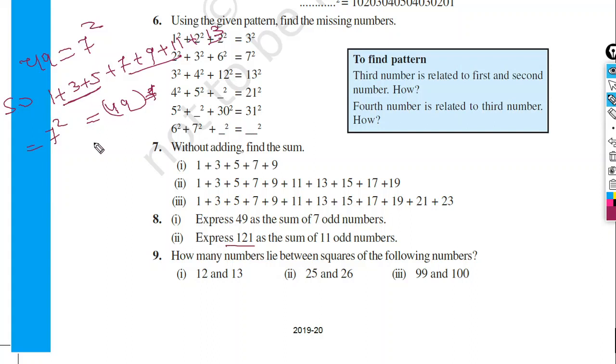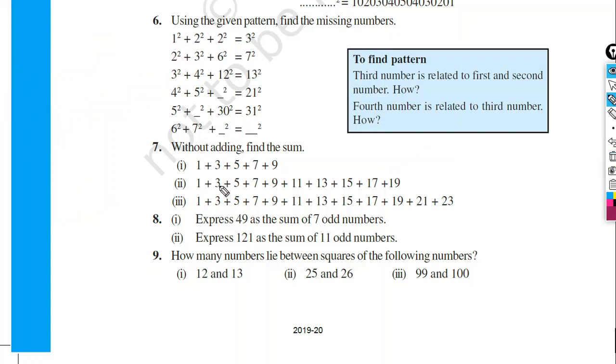Okay, so similarly, 121 means it is 11 square. 11 square equal to 121. So you add all the 11 odd numbers starting from 1. Okay, so you can write 1 plus 3 plus 5. Here you can add it: 1 2 3 4 5 6 7 8 9 10. 10 odd numbers are already here.